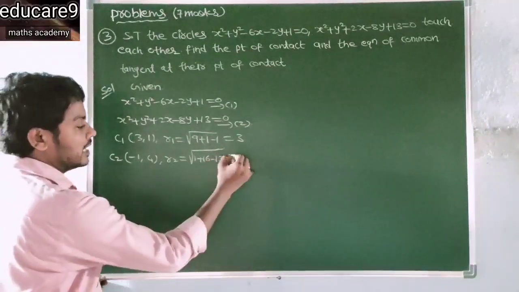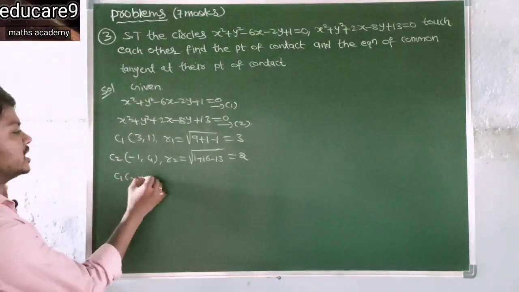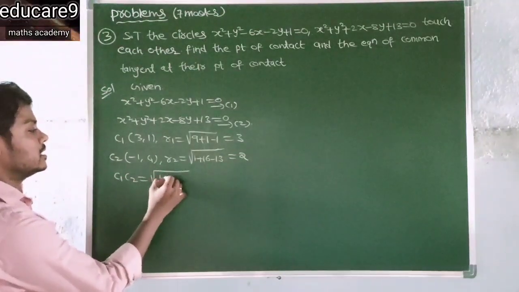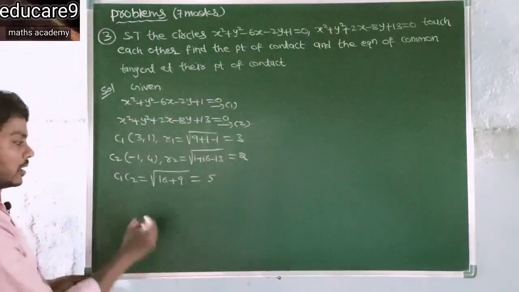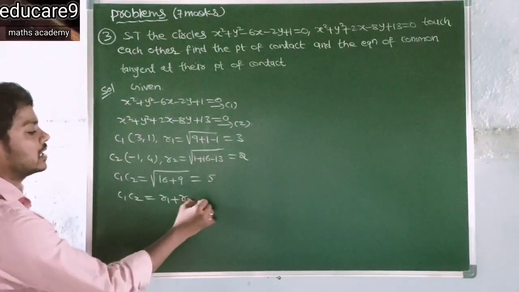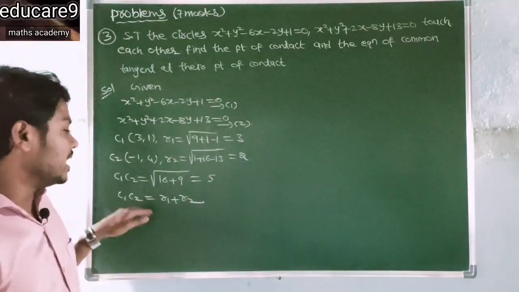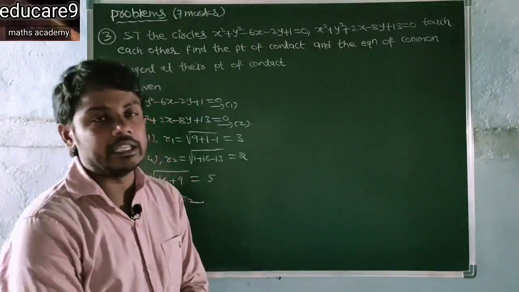Okay, so clearly R2 is 2. So find C1C2 distance. So that is 16 plus 9, we will get 5. So therefore C1C2 is equal to R1 plus R2. So clearly in this case the circles touch externally.